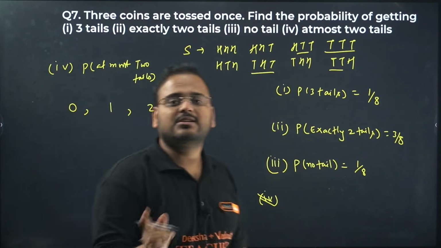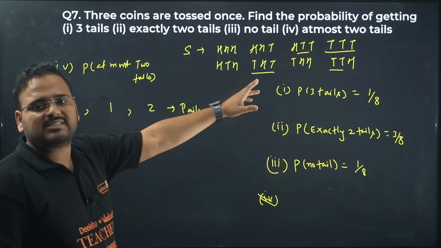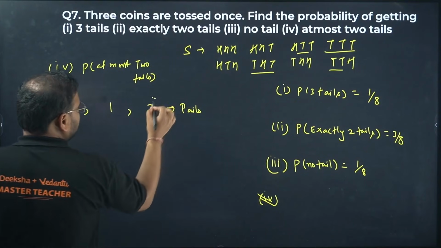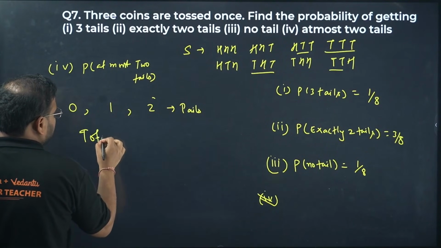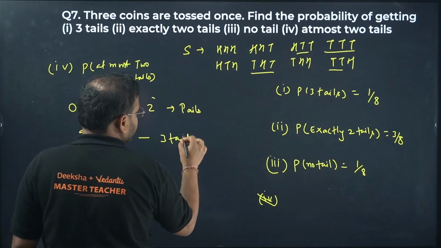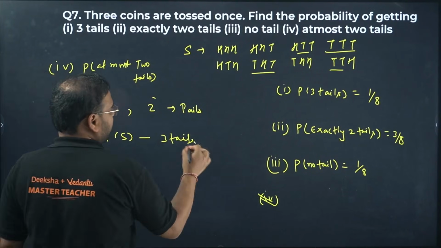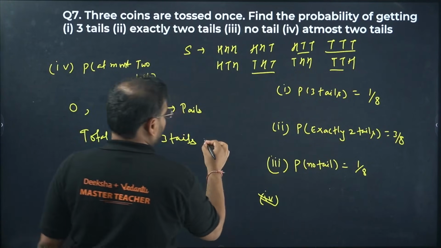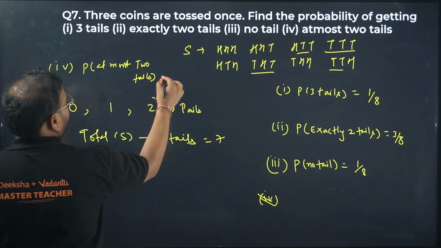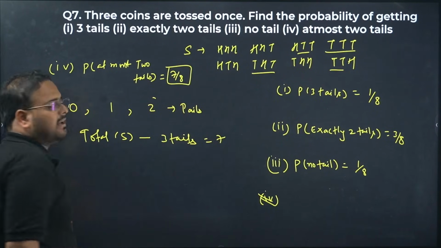So what is the maximum that is possible in this given sample space? 3. So remove the 3 tails case from the total sample, which is only 1. You have the answer as 7. So probability will be what for this one? 7 by 8.